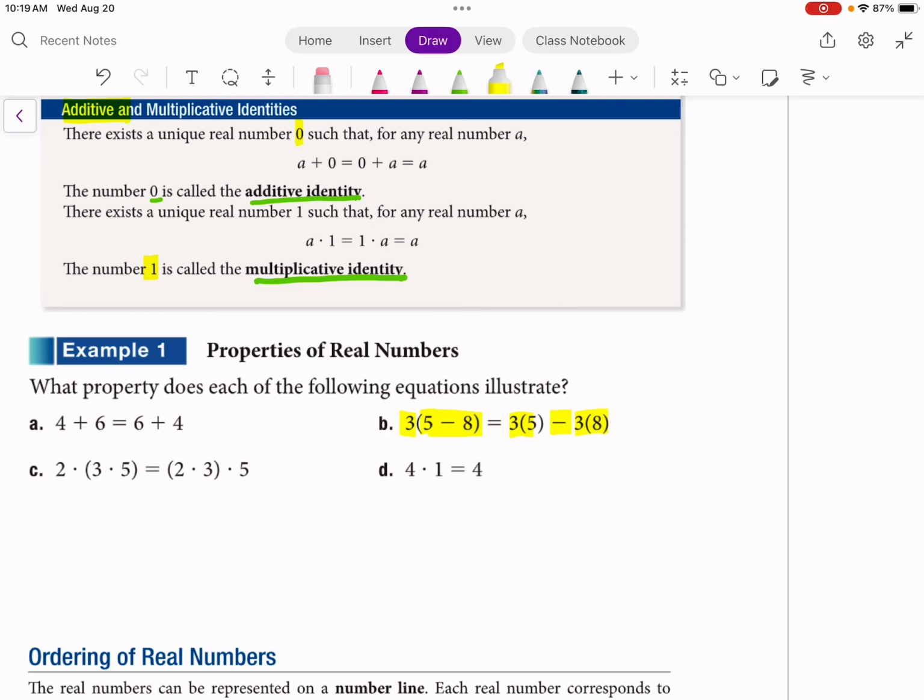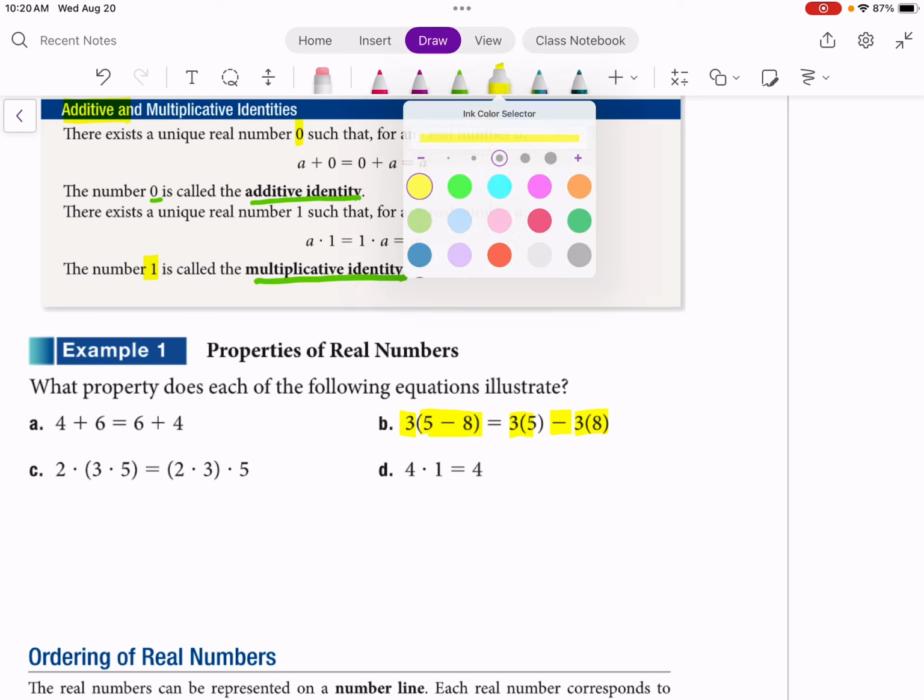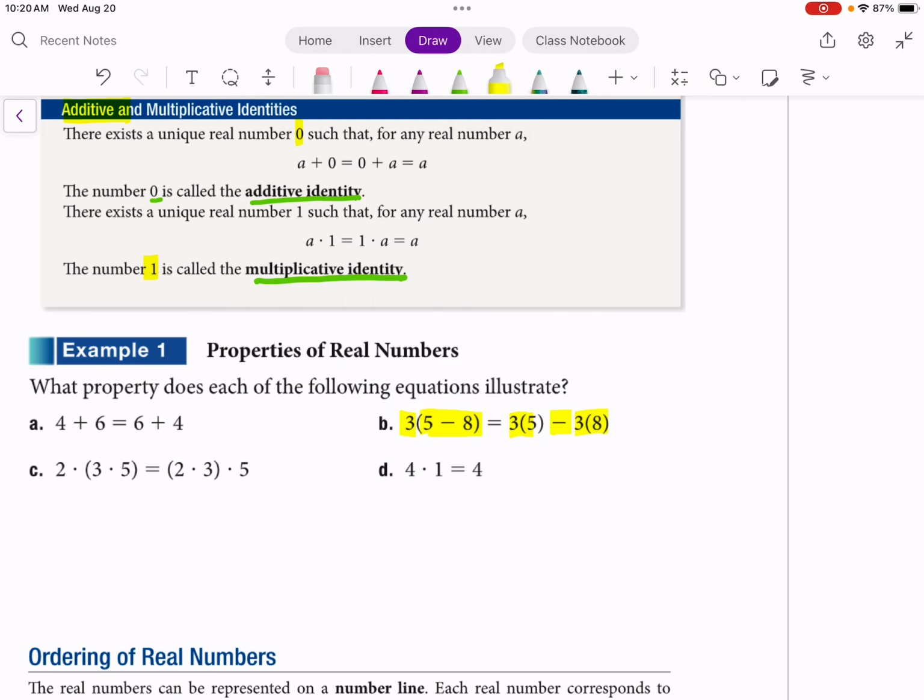What about number C? What type of property do you see here? Associative, right? Here they multiplied three different numbers. At first they multiplied 3 and 5, then 2. In the second case, on the right side, we have 2 times 3 multiplied first, and then with 5 second.